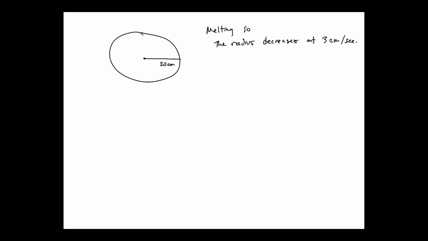Yeah, probably faster when it's bigger. Okay, but we'll find out. So if I want to understand something about the volume of this snowball, I'm going to assume obviously that the snowball is a perfect sphere. What is the volume formula for a sphere?